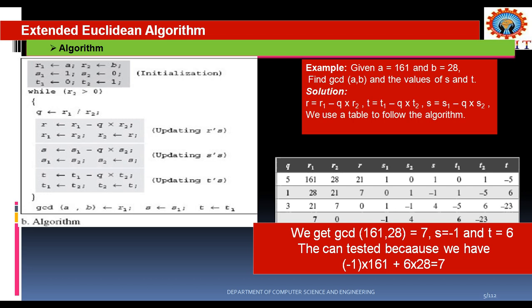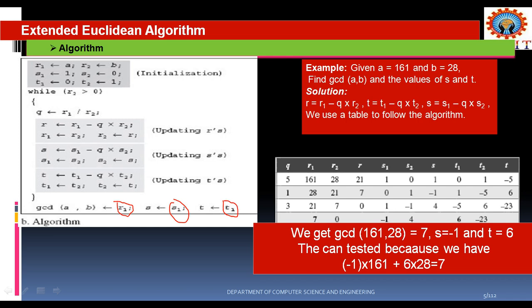Then S1 is set to S2 and S2 is set to the new S. That means the values are shifted to the next level. Then calculate the t value using t1 minus q into t2, and the new t1 becomes the old t2, and t becomes the new t2. Finally, R1 is the GCD of a comma b, S1 is the S value, and T1 is the T value.